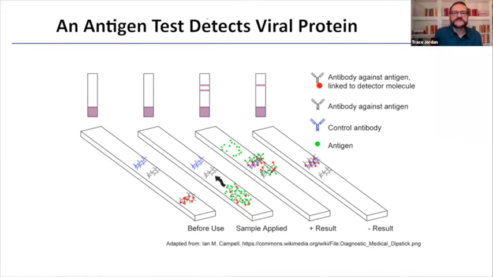So an antigen test detects a viral protein, in this particular case, the nucleocapsid protein. So this is a schematic diagram of how an antigen test works.